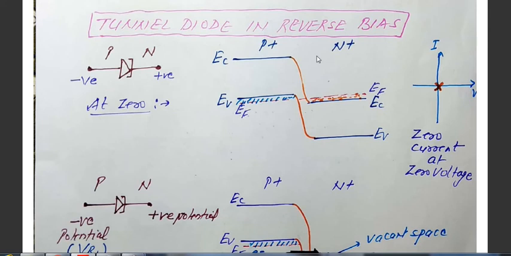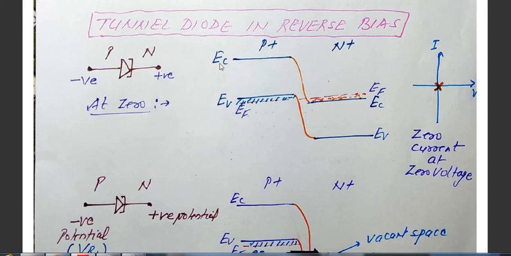Now let us consider the tunnel diode in reverse bias mode. This is the symbol of tunnel diode. Here we connect the negative potential towards the P side and the positive potential towards the N side. Now again let us consider the zero bias state.